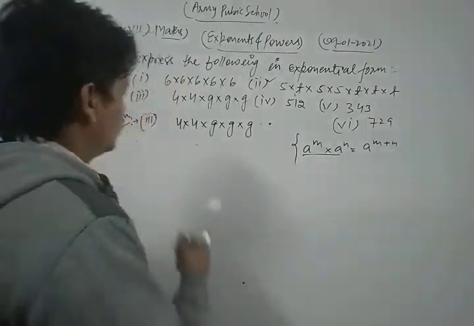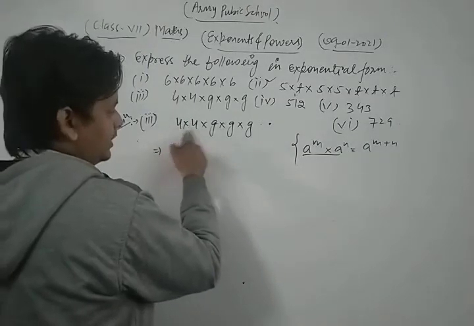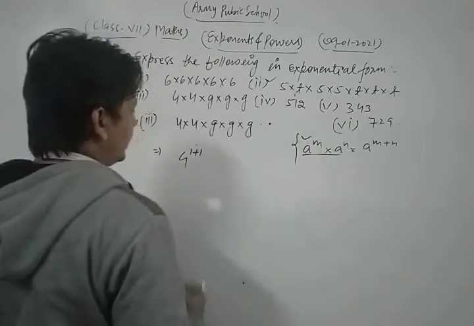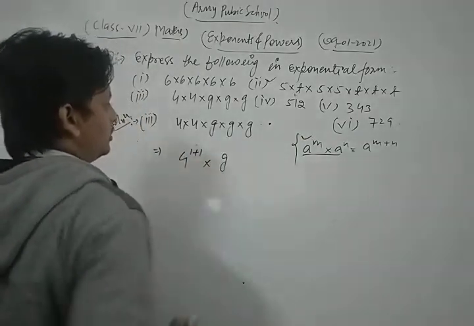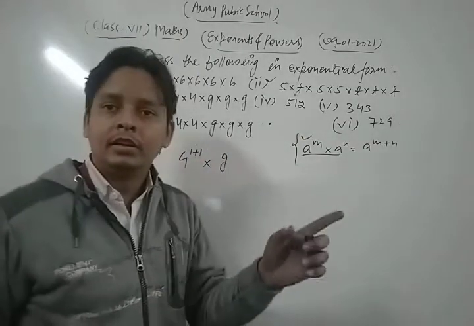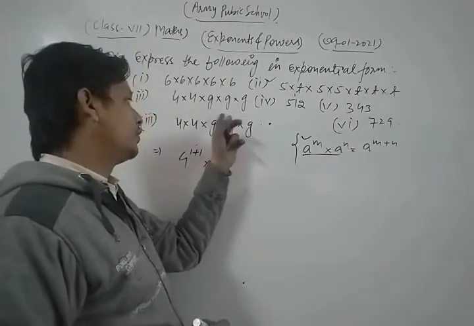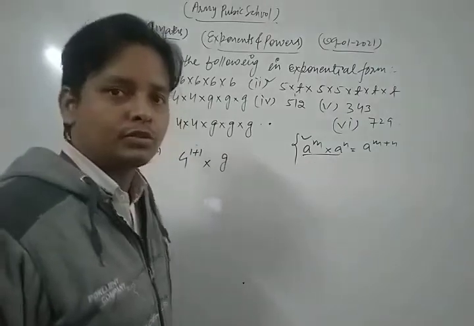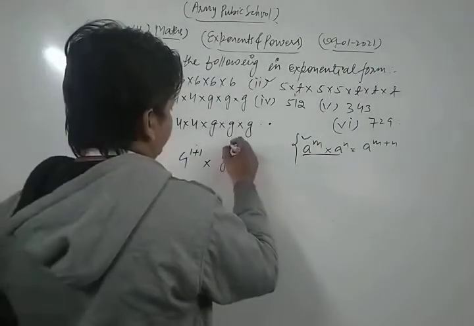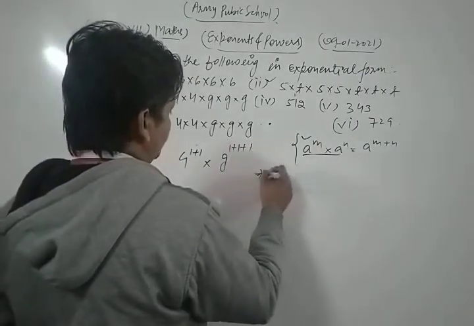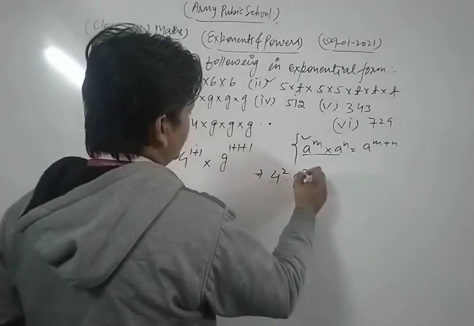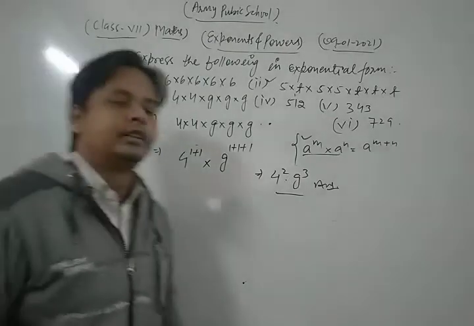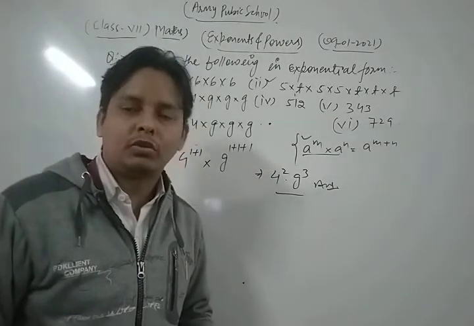The 4 bases are the same, so we add their powers. Here, g is mentioned 3 times, so the power of each g is 1. We add those powers according to that law of exponents. So we get 4 power 2 into g power 3. So this is the required exponential form of the given question.